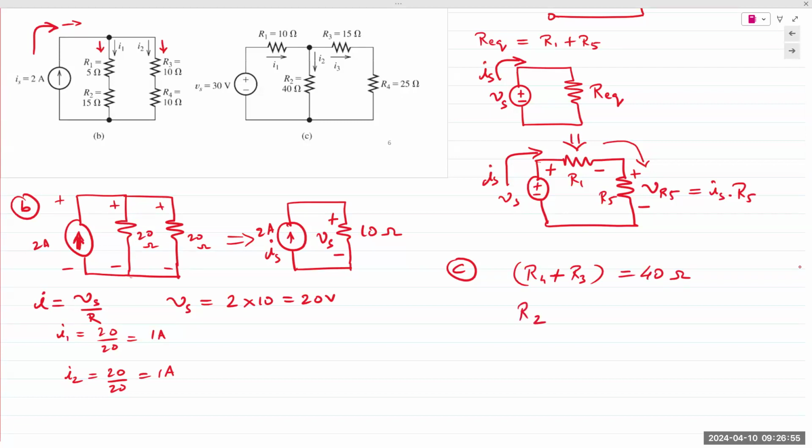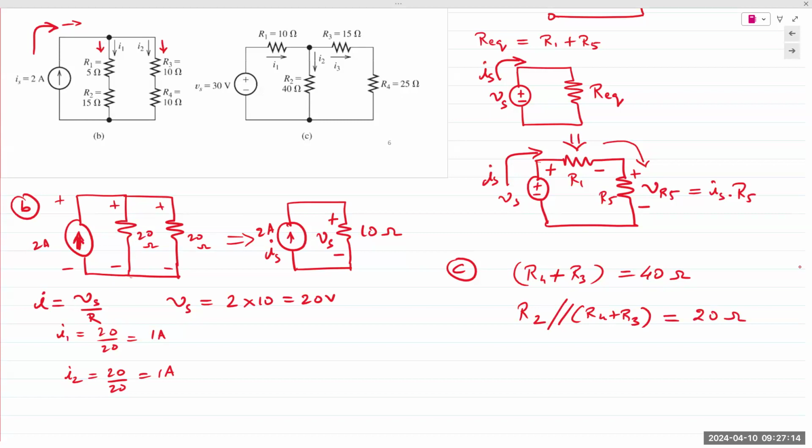So R2 is in parallel with R4 plus R3, which would give me 40 divided by 2, 20 ohms, which is then in parallel or series with R1? In series with R1.